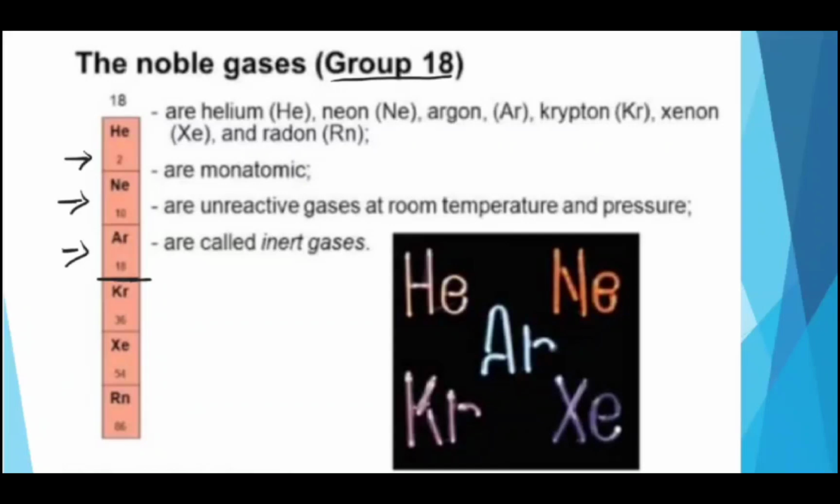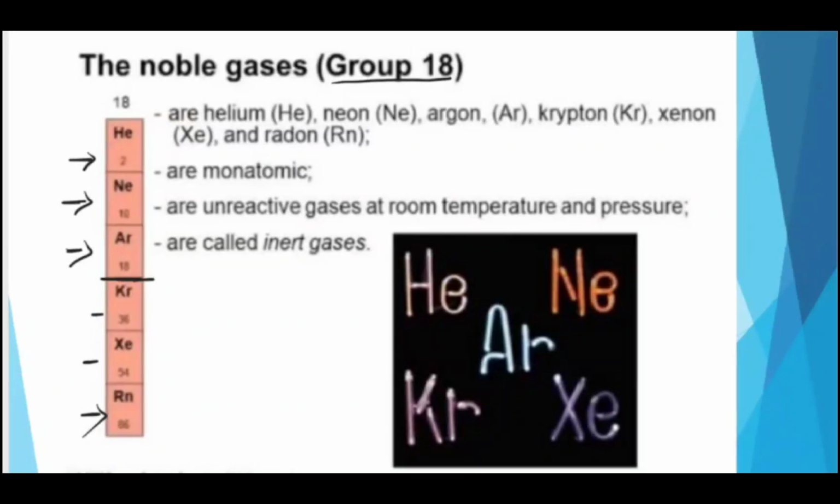Later, in the 9th and 10th grade, you will learn about krypton, xenon and radon. So, helium, neon, argon, krypton, xenon and radon. All right, children. Let's read. So they are helium, neon.